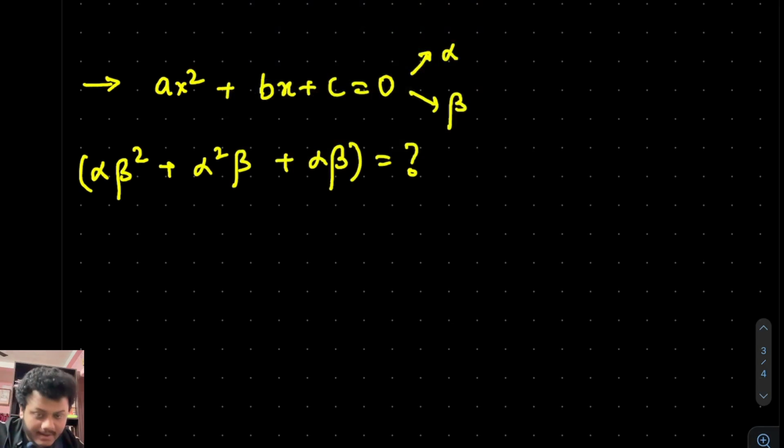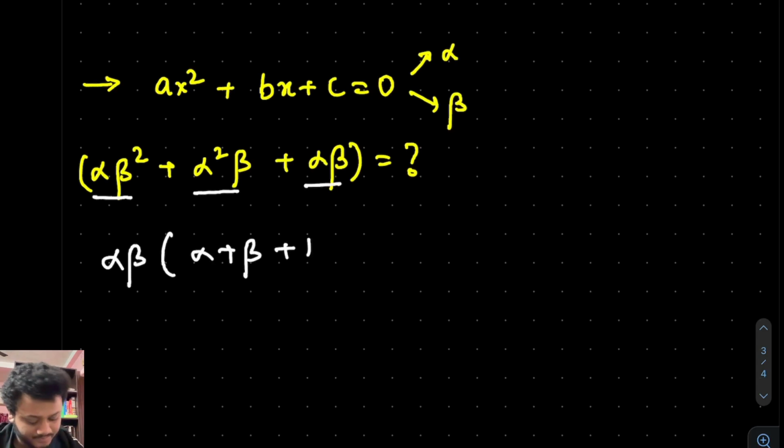Look, why? Because every term has alpha beta in it. So alpha beta can be taken common: alpha beta into beta plus alpha plus 1. Because we take alpha beta common, the extra beta is here, the extra alpha is here, and plus 1.